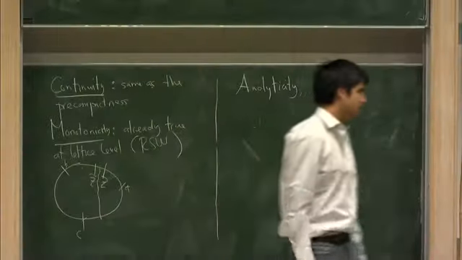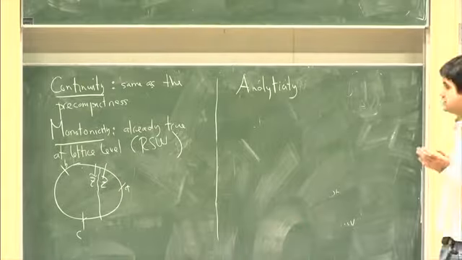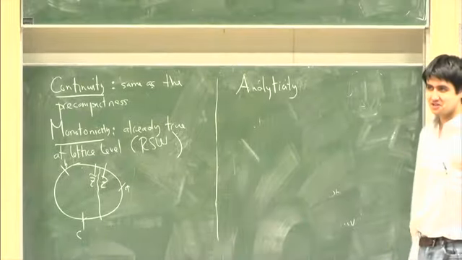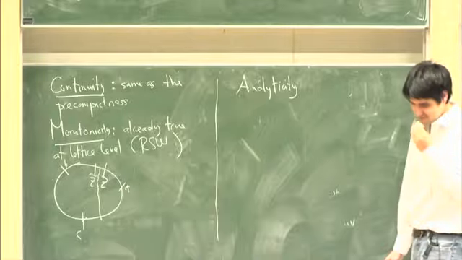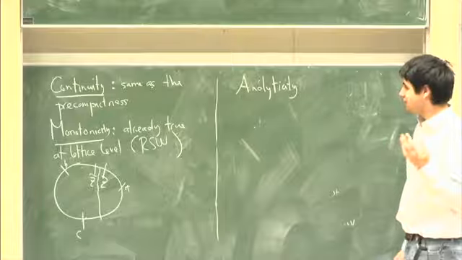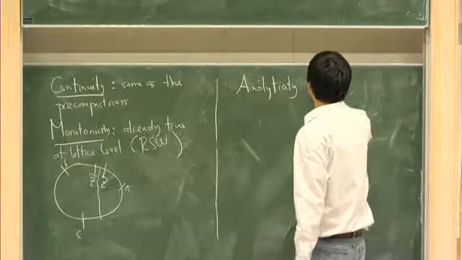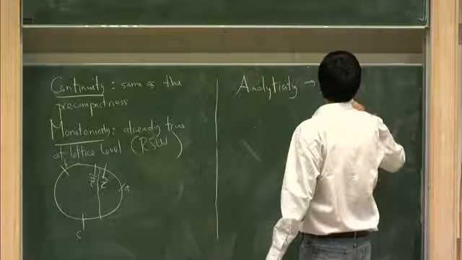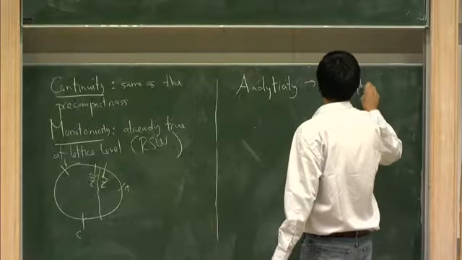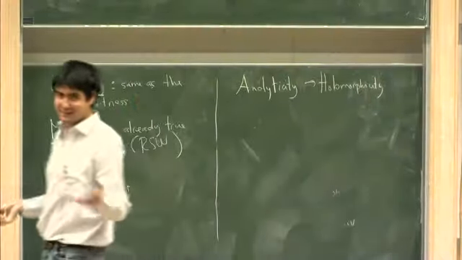So, what is an analytic function? The way we learn it in school is that it's a function that can be expanded into power series, and that's a valid definition. That's not really what we want here. For us, analyticity is going to be holomorphicity. Both are equivalent in the complex plane, of course, but one is more suggestive than the other. And so what is a holomorphic function? It's a function that's complex differentiable.